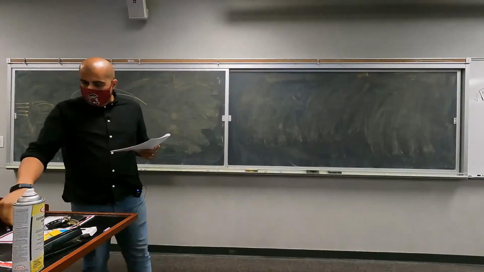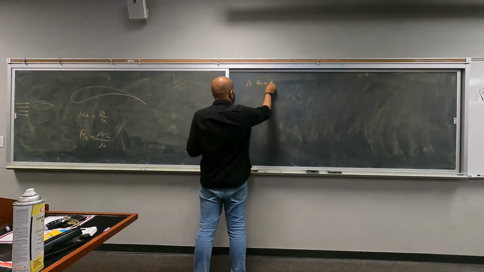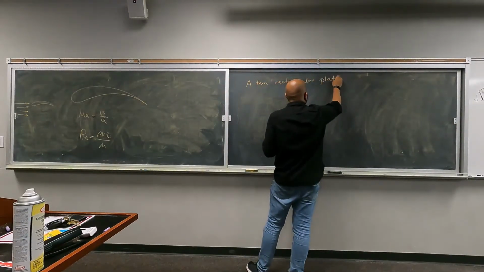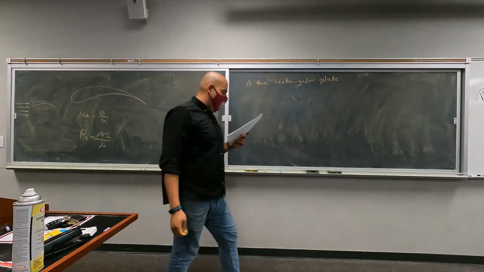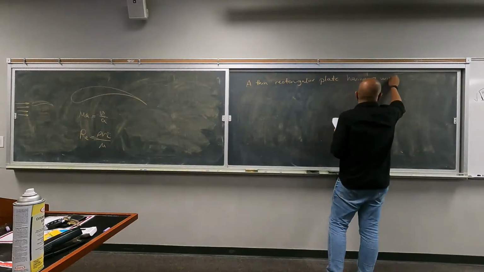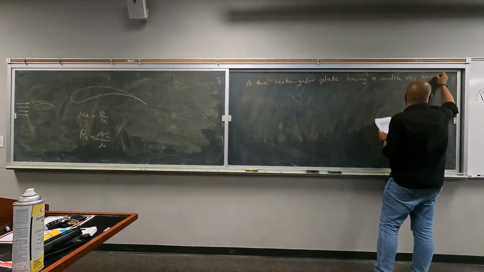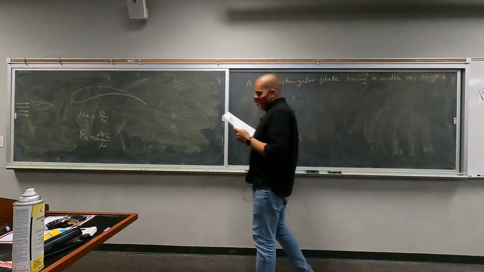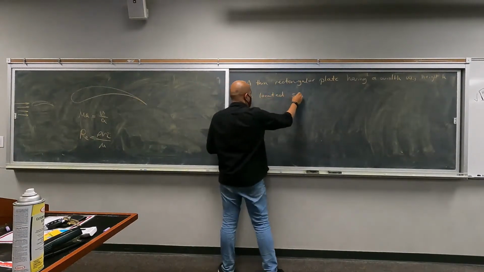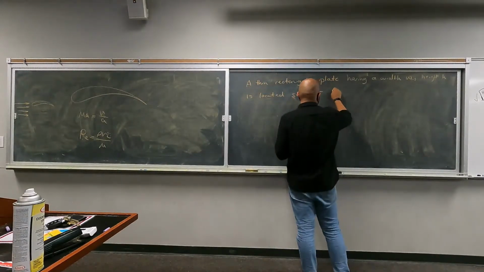Okay? So we are given a thin rectangular plate, having a width W and height h, is located so that it is normal to the moving stream of fluid.